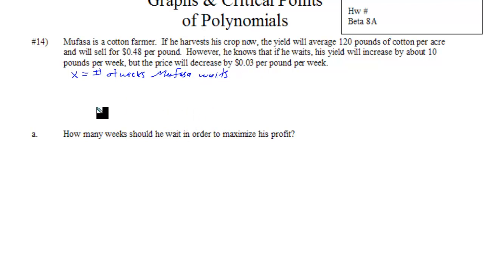So currently, if Mufasa were to say, I'm selling my crop now, his revenue. Revenue is how much money you bring in. You would take the dollars per pound and multiply it by the number of pounds.